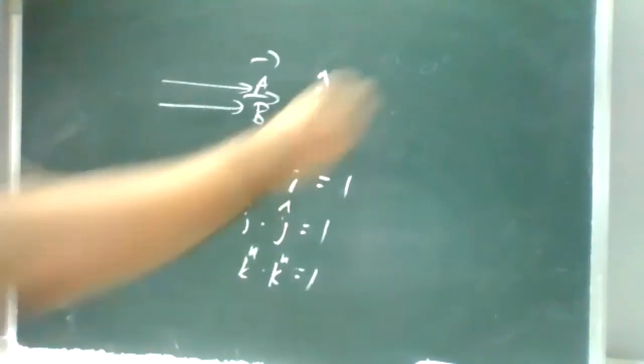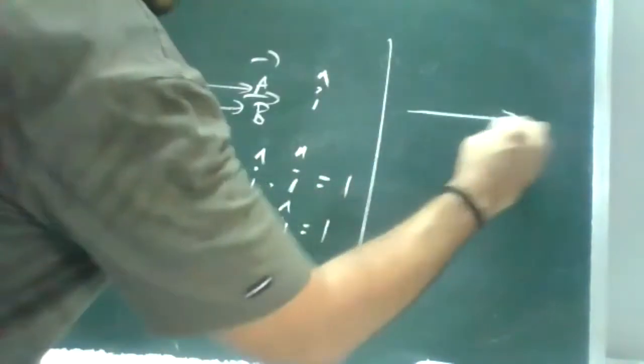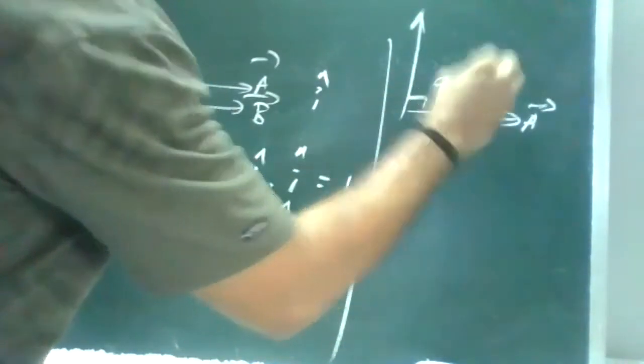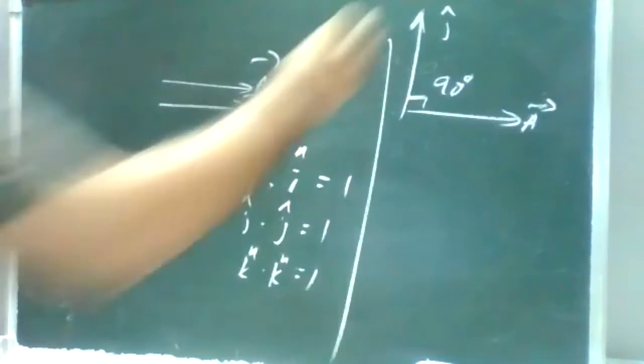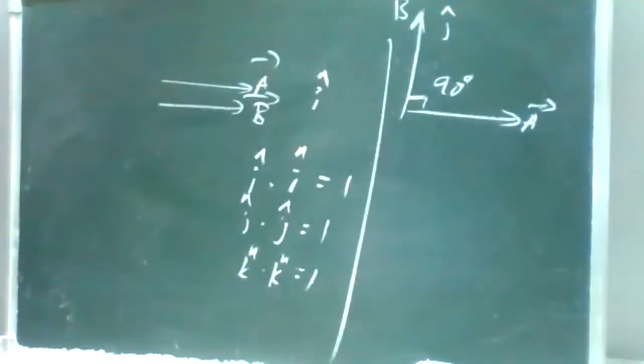So i cap dot i cap is equal to 1, j cap dot j cap equal to 1, k cap dot k cap equal to 1. You already know this. Now, when these two are in opposite directions, that is your perpendicular direction, 90 degrees. Two different bases, both perpendicular to each other. So cos 90 is equal to 0.